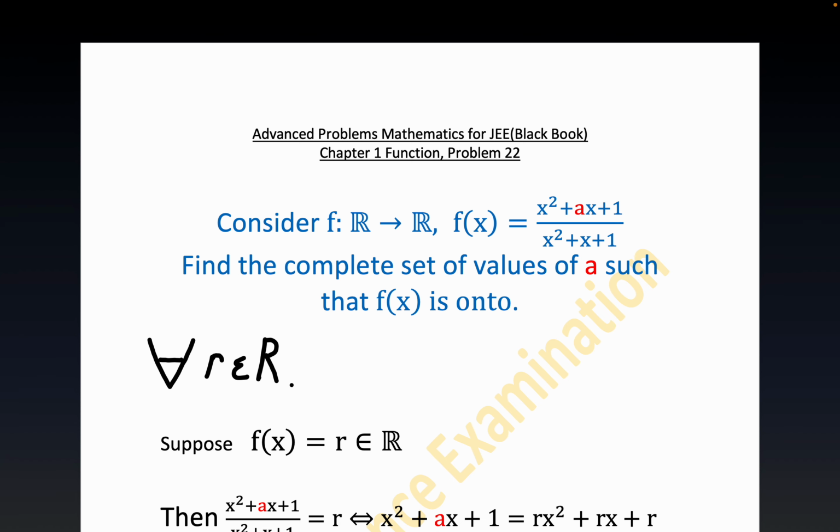There exists, this backwards E is the existential quantifier, I guess.